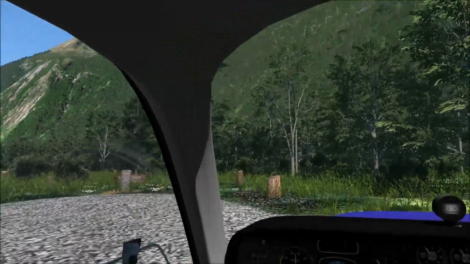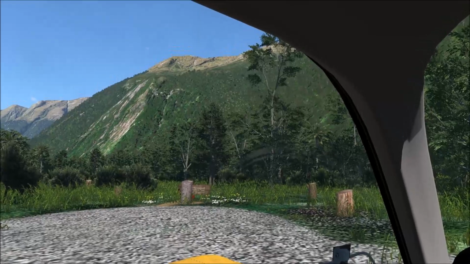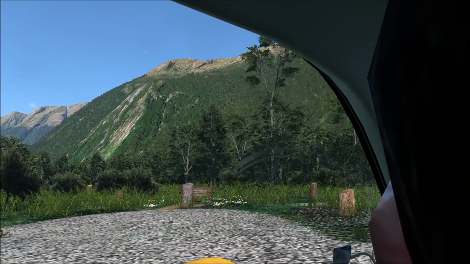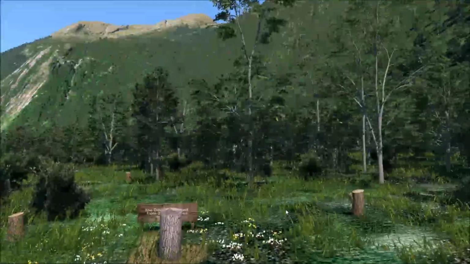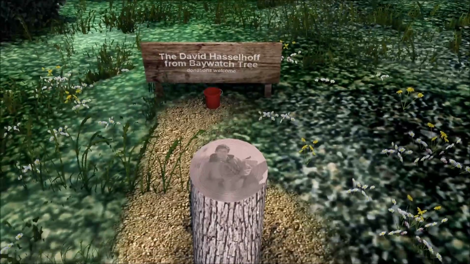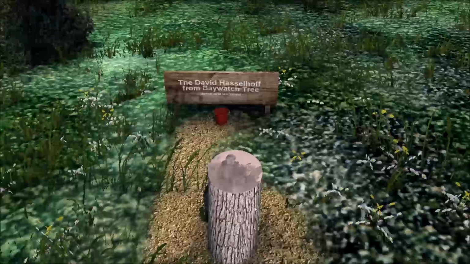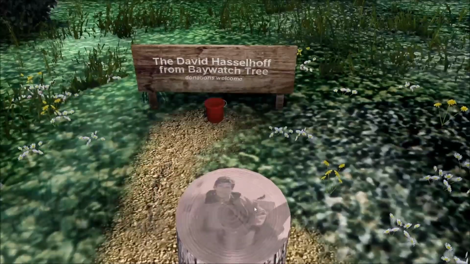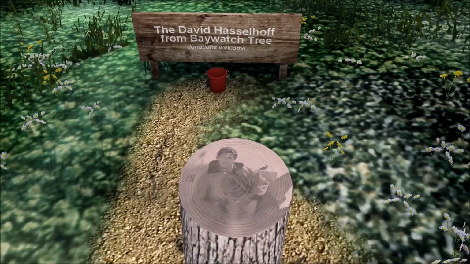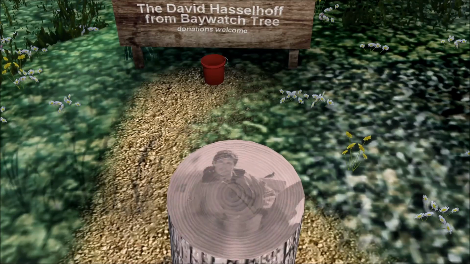We've come for the tree. The David Hasselhoff from Baywatch tree. It's magnificent, isn't it?